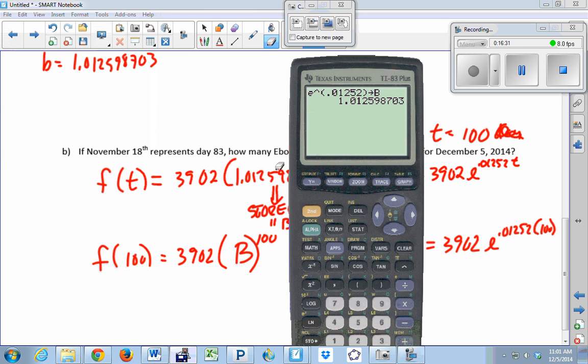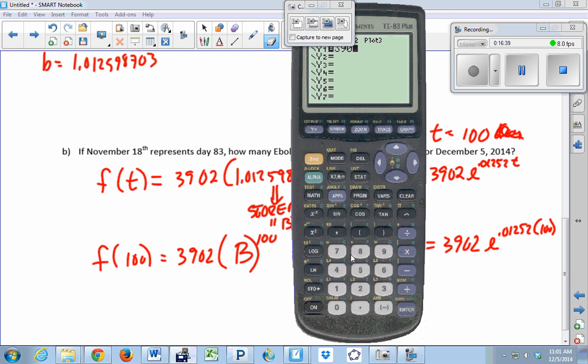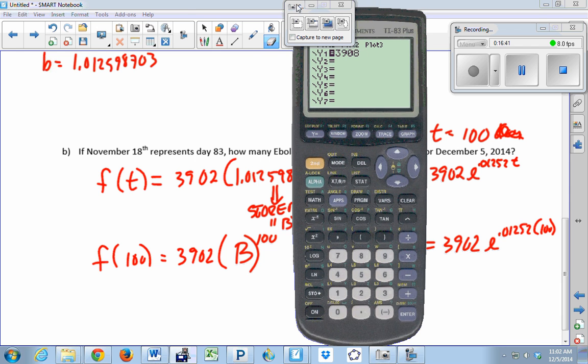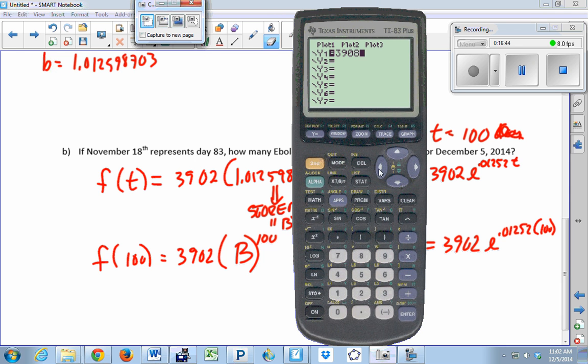So since I've stored this long number in as B, I'm going to say y equals 3902.02 times B. Now I can write the value B by using alpha.